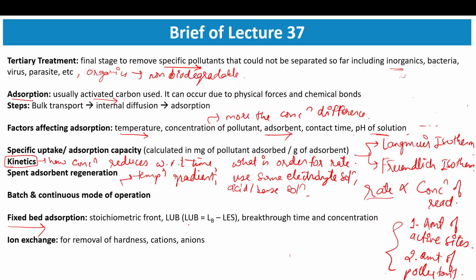Now another type of process that we can use for tertiary treatment is ion exchange. It is a kind of process where we remove the hardness of water in the form of Ca2+ and Mg2+ by reacting it with a resin which has, let's say, RNa, which will react with Ca2+ or maybe Mg2+ to form R2Ca.